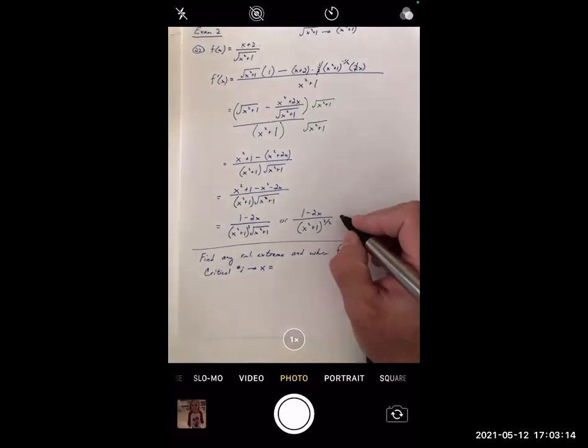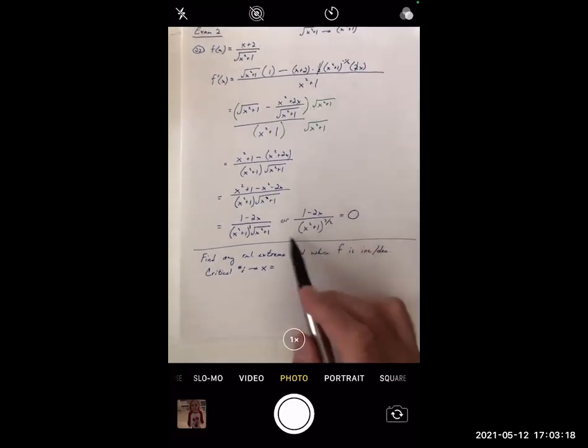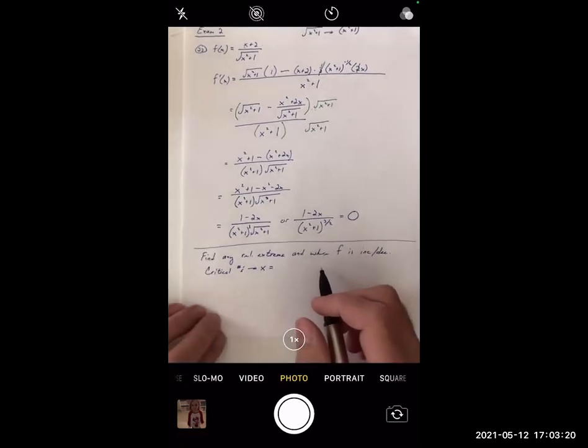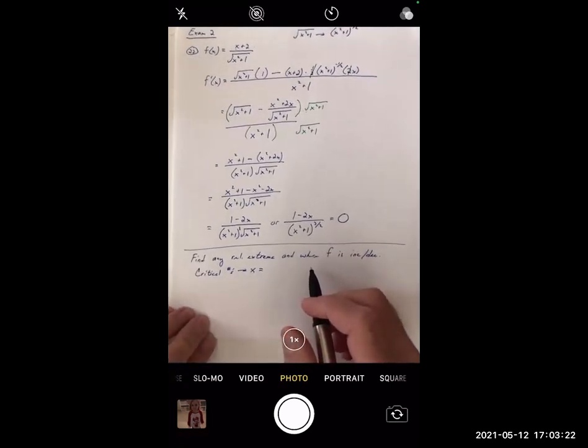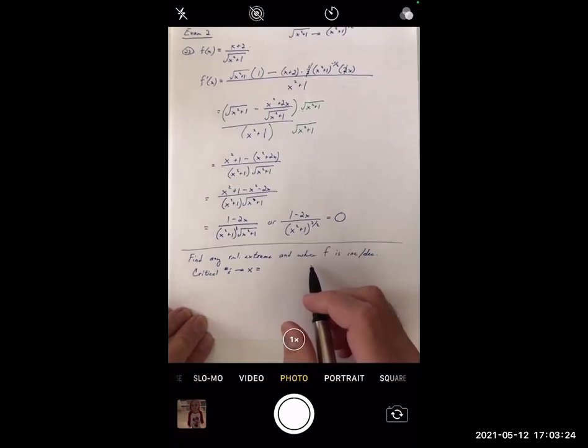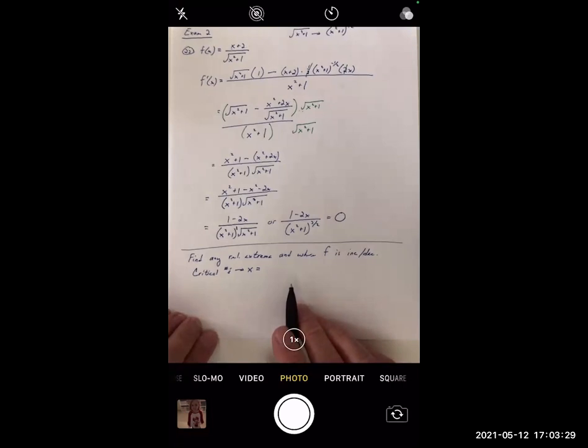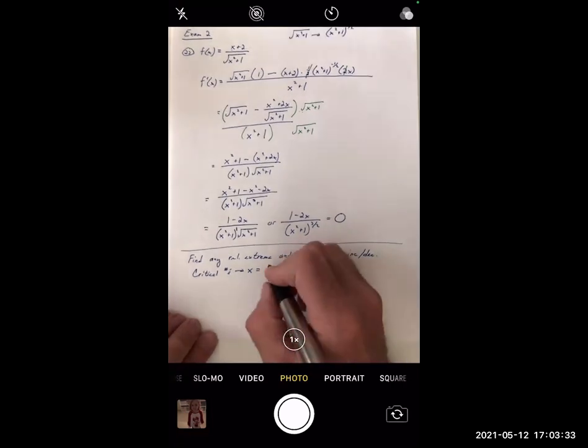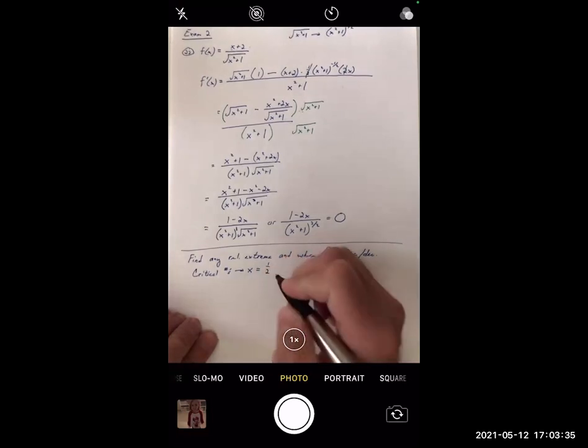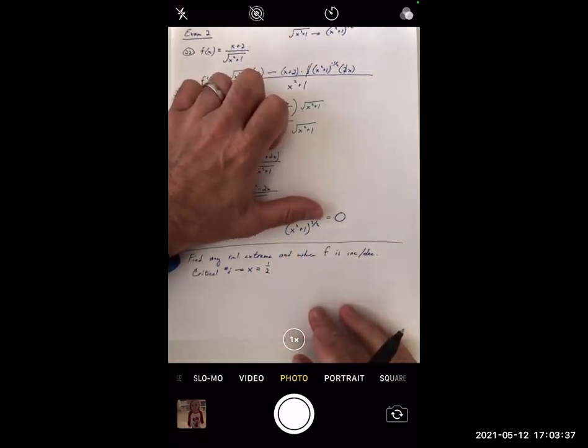In other words, what makes this either 0 or undefined? One half. Yeah, 1/2 makes the top 0.